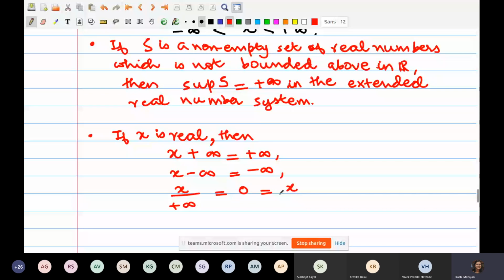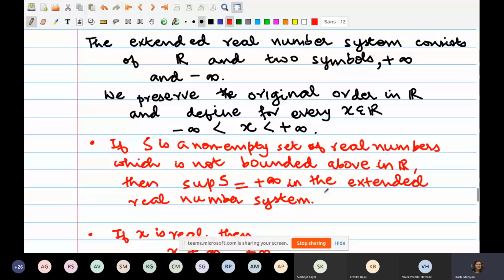Something you are already familiar with. So you can make sense out of the supremum in the extended real number system for a subset of R which is not bounded above. Is that okay? Questions?